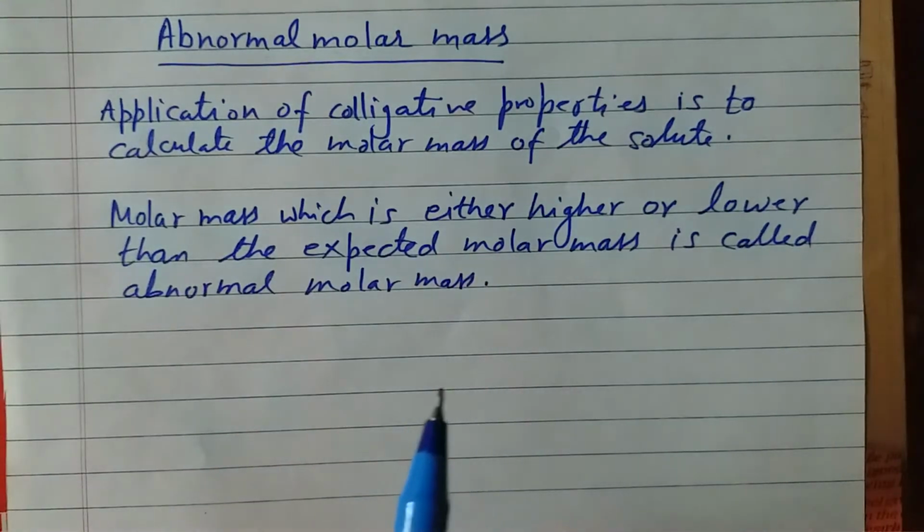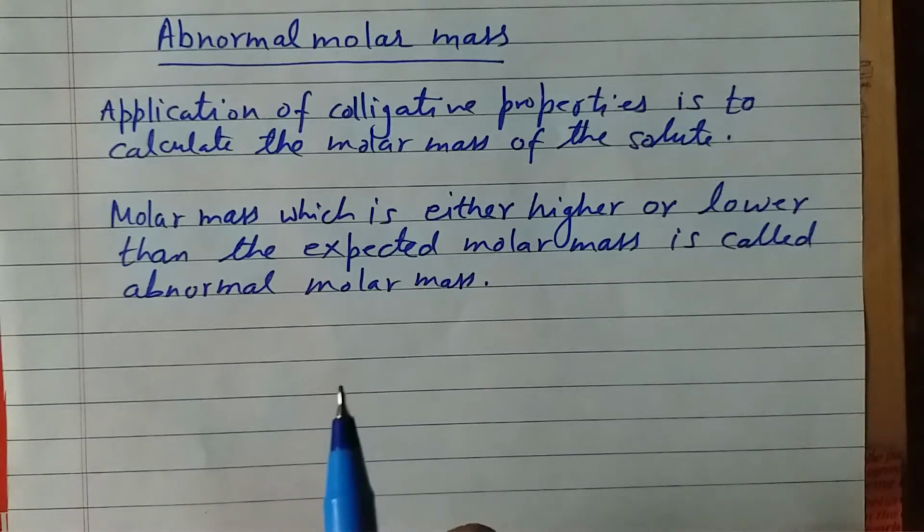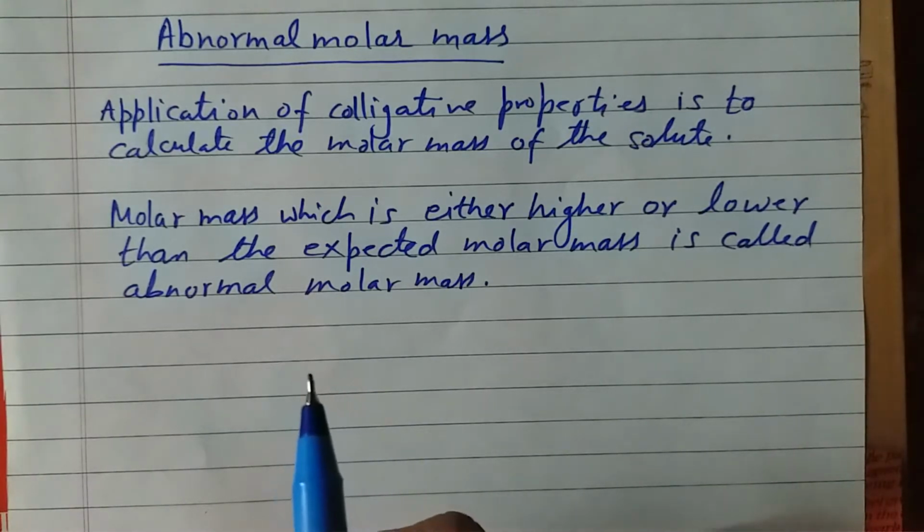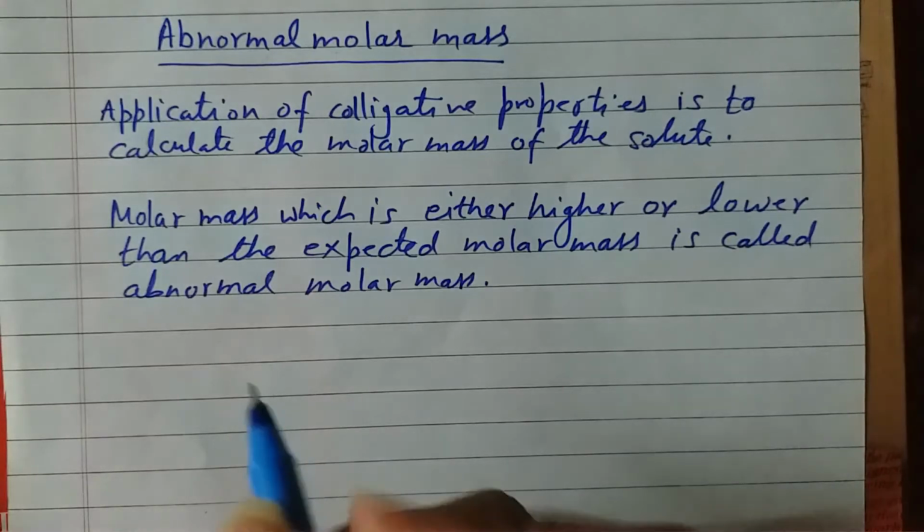So let's say we calculate the molar mass of a solute using a colligative property, and that molar mass comes out to be either higher or lower than what was expected, then such molar mass would be referred to as the abnormal molar mass.